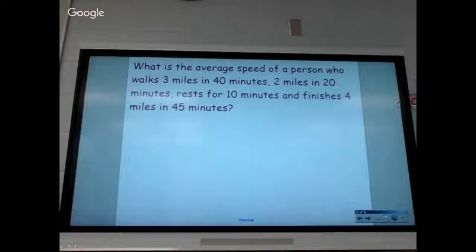All right, so what is the average speed of a person who walks 3 miles in 40 minutes, 2 miles in 20 minutes, rests for 10 minutes, and finishes 4 miles in 45 minutes?